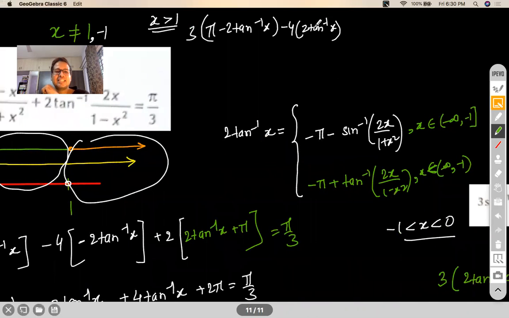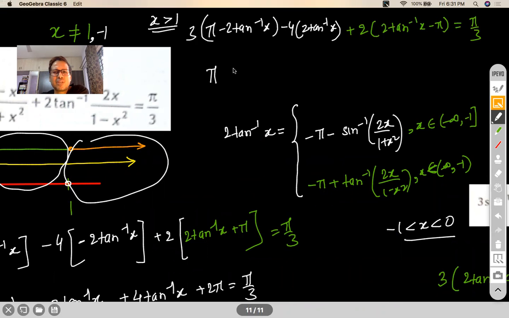And the third guy, when x is more than 1, it gives you pi plus, correct? So pi plus means 2 tan inverse x minus pi. So that's going to give you pi by 3. Let's try to solve it. If I just simplify it, 3 pi and minus 2 pi will give you a pi. And you have minus 6 minus 8, which is minus 14.